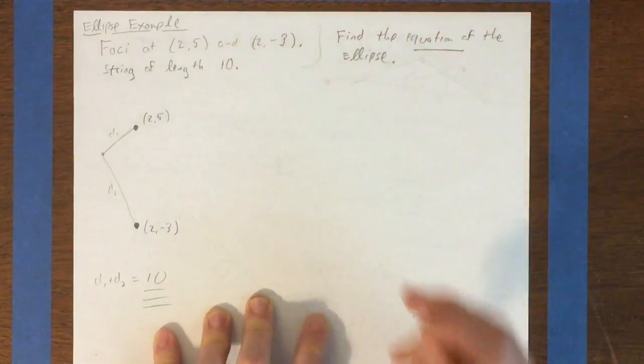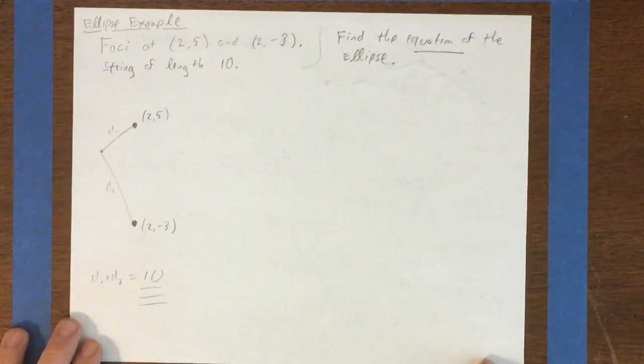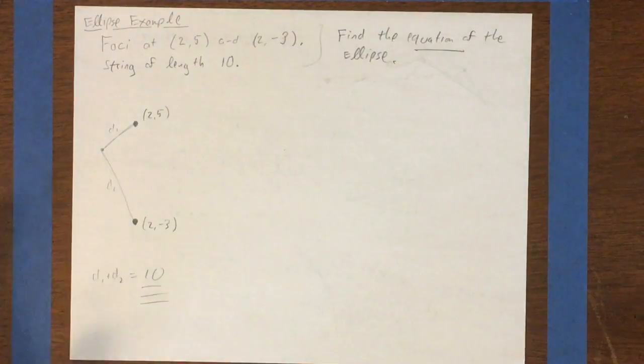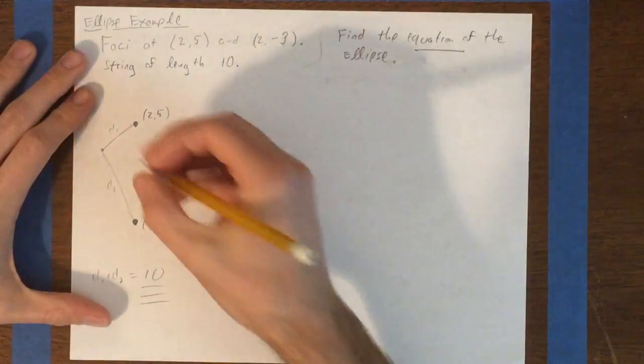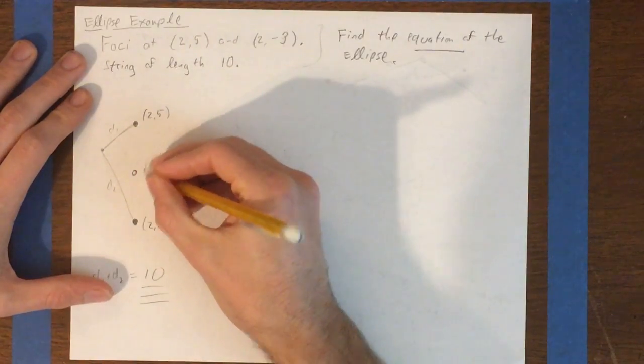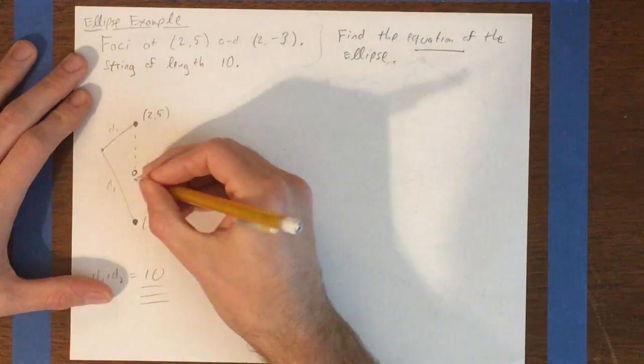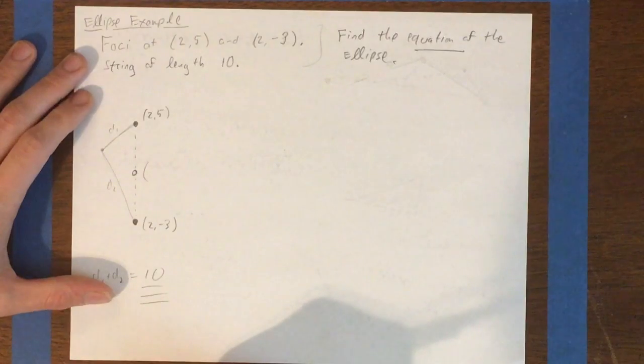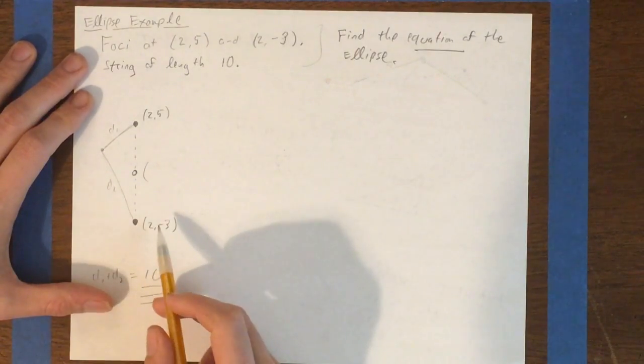Find the equation. Well, first things first, the low-hanging fruit here would be the center point of the ellipse, because the center point is exactly halfway between the two foci, in the same way that it is exactly halfway between the two endpoints of the major axis. So the center point is going to be right here, halfway between, which means we should calculate what the halfway point would be.